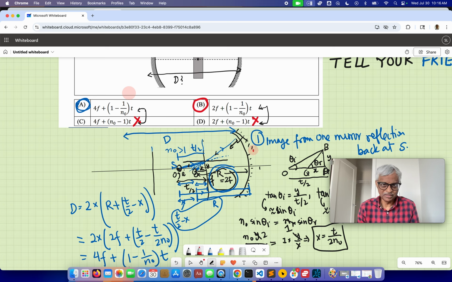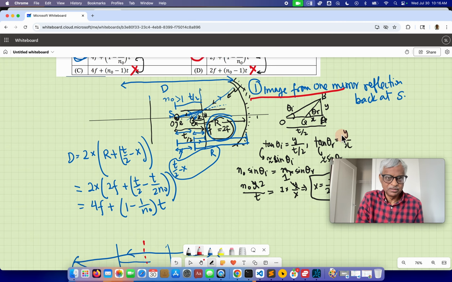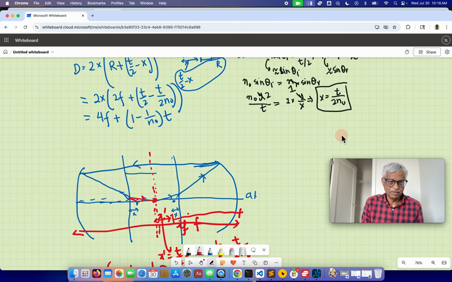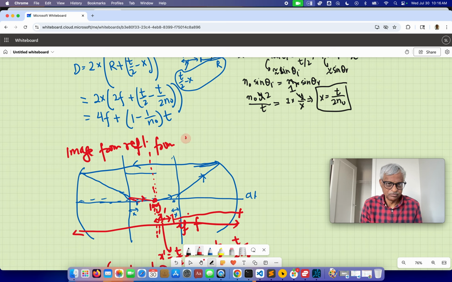So this is the image from one mirror reflection, and the other one is an image from two mirror reflection. From reflection from both mirrors.